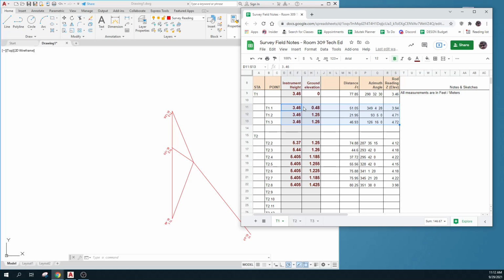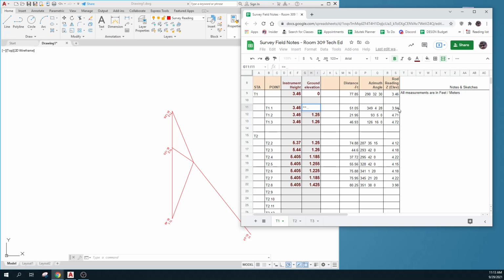Okay, and we know that if I take the instrument height minus the rod reading, this should be instrument height minus the rod reading. What have I got going on there? Oh, sorry. These are not right, are they? So we have our instrument height of 3.46 and a rod reading of 3.94. So I did these ones backwards.